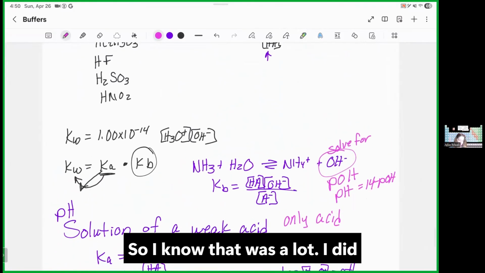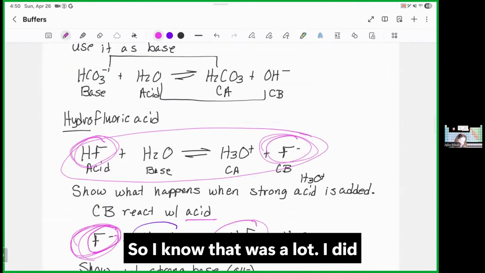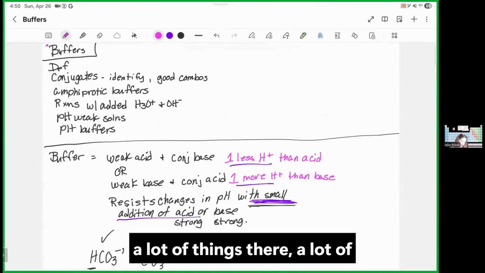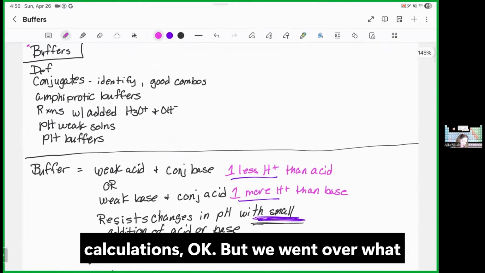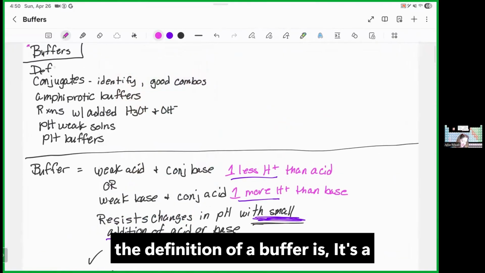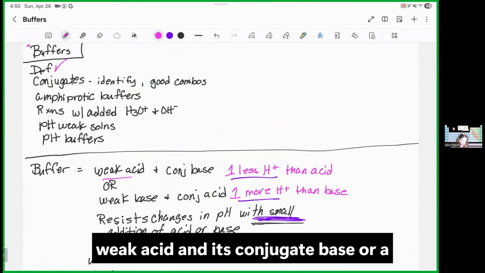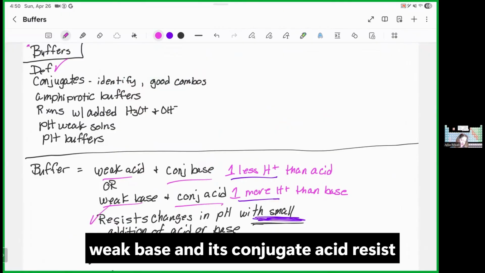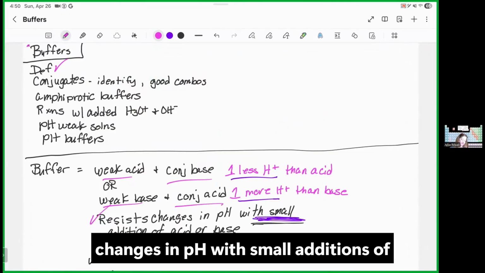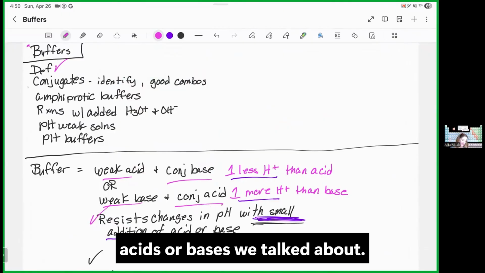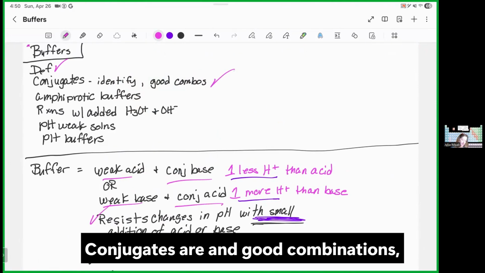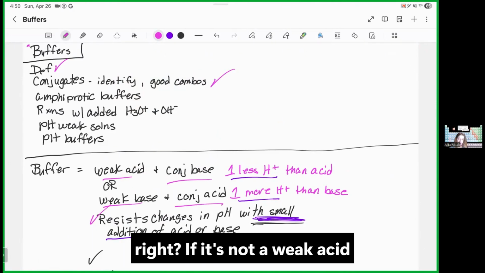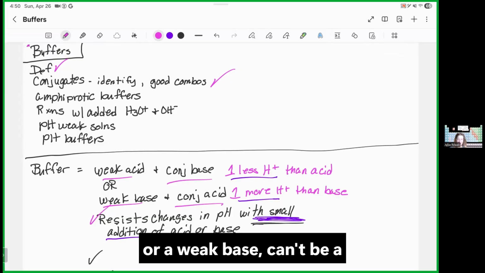Okay. So I know that was a lot. I did a lot of things there, a lot of calculations, okay? But we went over what the definition of a buffer is. It's a weak acid and its conjugate base, or a weak base and its conjugate acid. Resist changes in pH with small additions of acids or bases. We talked about what conjugates are and good combinations, right? If it's not a weak acid or a weak base, can't be a buffer system.